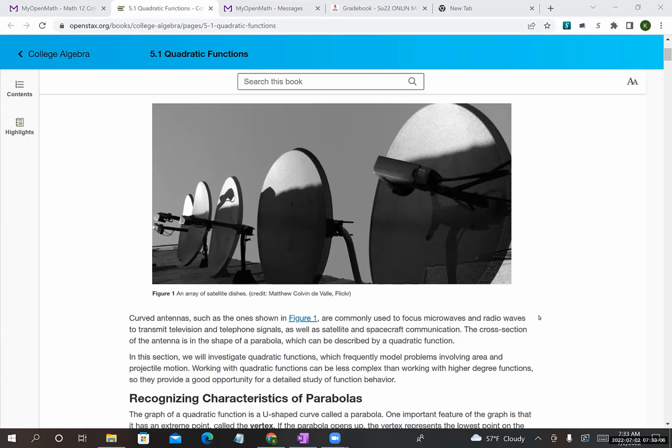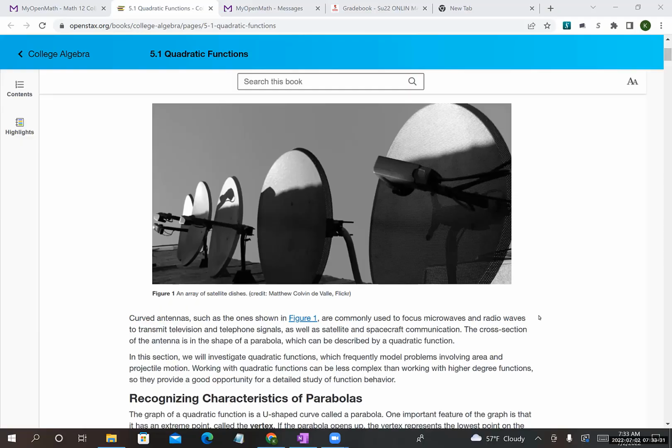They are commonly used to focus microwave and radio waves to transmit television and telephone signals, as well as satellite and spacecraft communication. When you look at the cross section of the antenna, it is in the shape of a parabola, which can be described by a quadratic function.